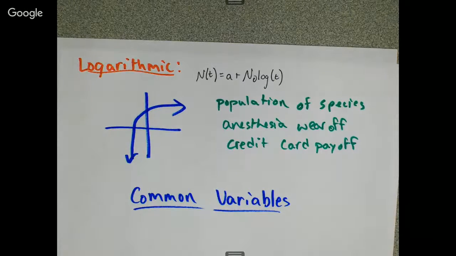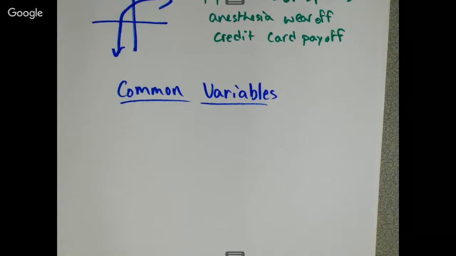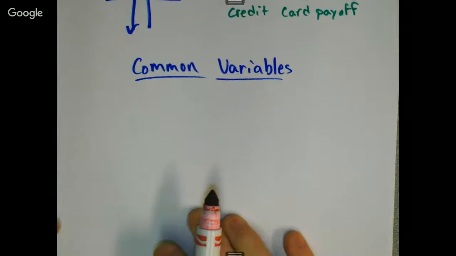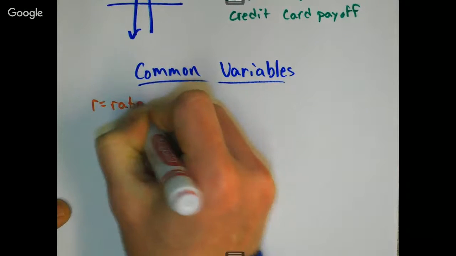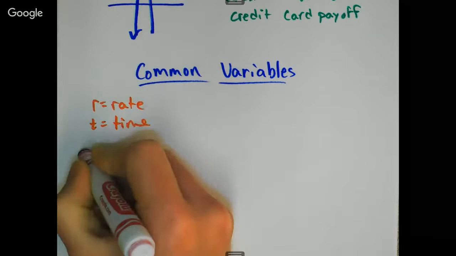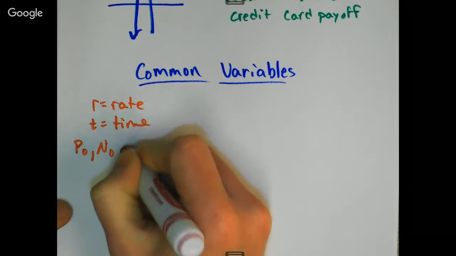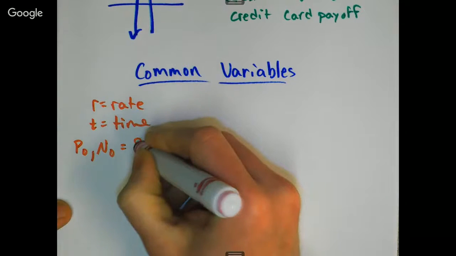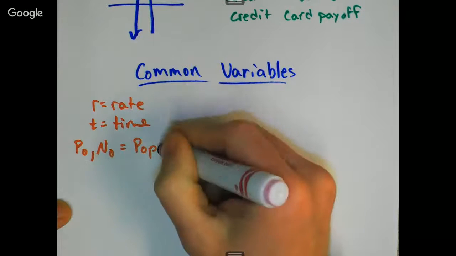Okay, so since we have a lot of formulas here, we're going to have a lot of variables. So I'm going to go over some common variables that you might see. So we'll say, first off, r is rate, t is time, and then we have P naught or N naught, which is population at time 0 or number at time 0.